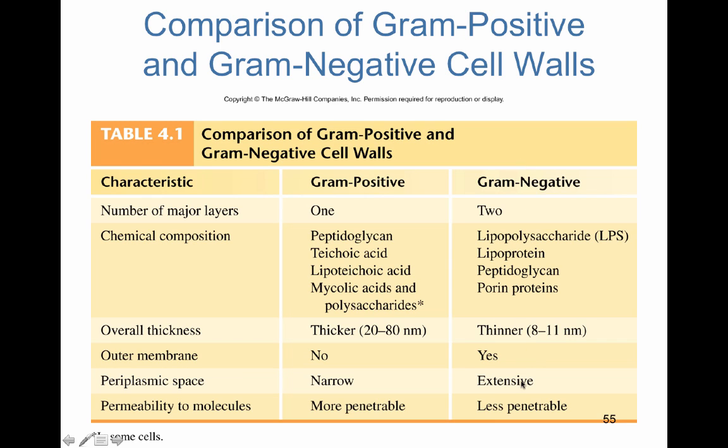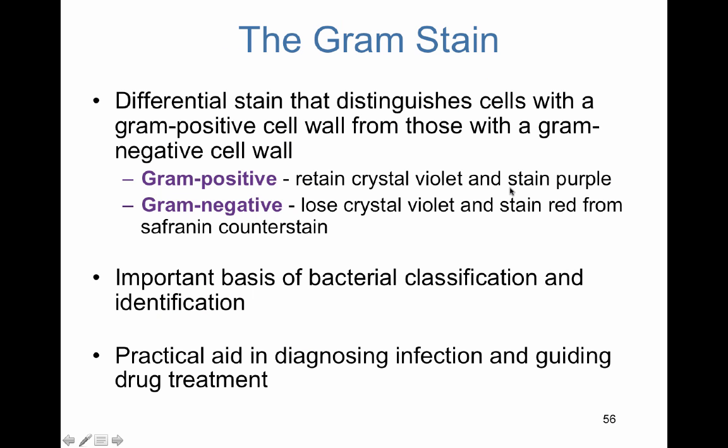In a gram-negative, remember, you have two cell membranes. It's more extensive here. And usually these guys are less penetrable. So there are a lot of antibiotic-resistant strains that we're seeing that are gram-negative, especially for cell wall synthesis inhibitors. Those antibiotics don't seem to work as well.